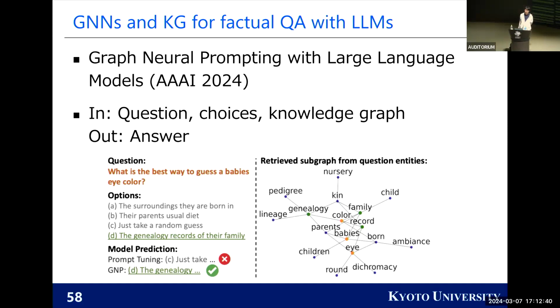The problem setting is almost the same as standard question answering. We are given a question and choices, and we want to answer the question. The difference is that we have a knowledge graph, and we want to use it to answer the questions more accurately, or based on the facts written in the knowledge graph.